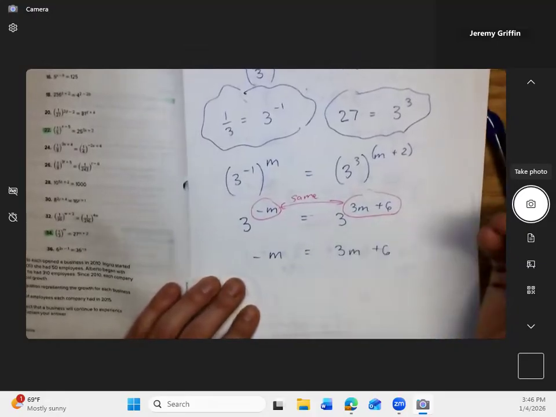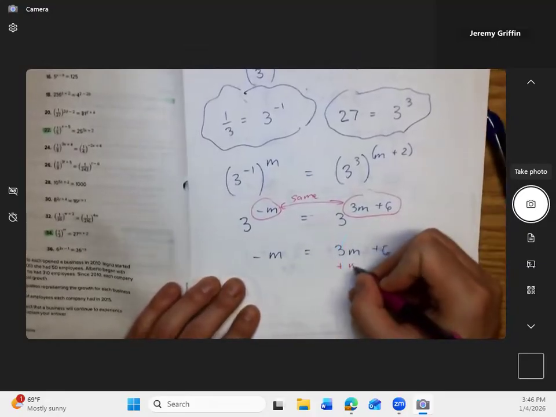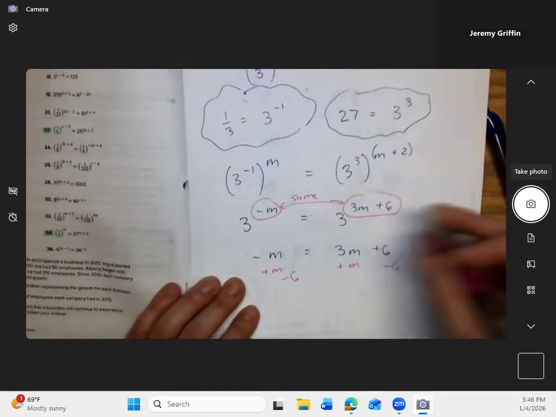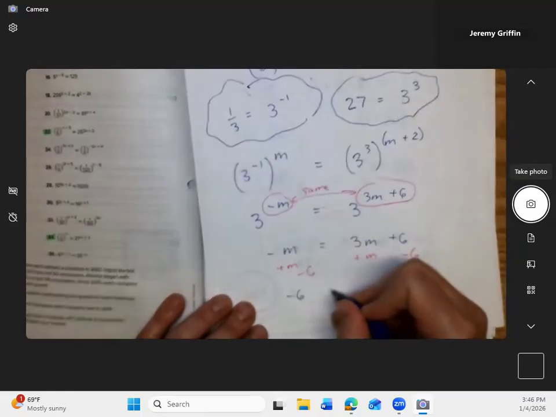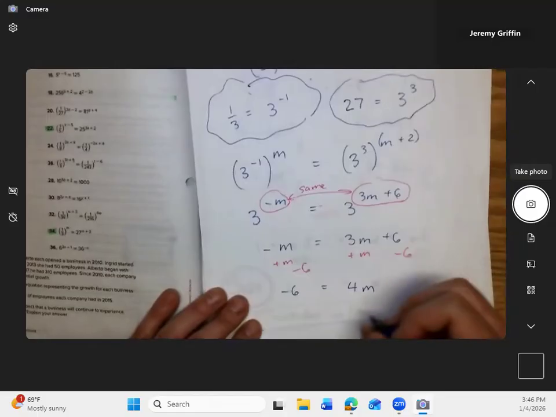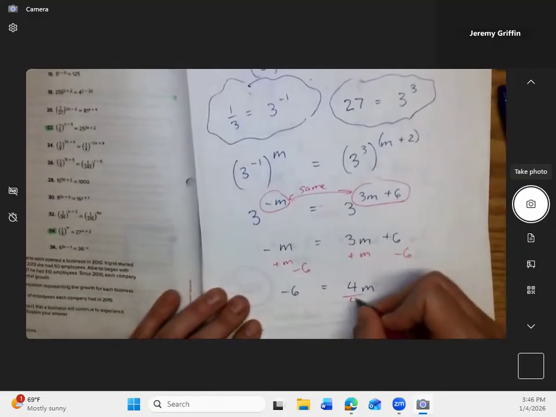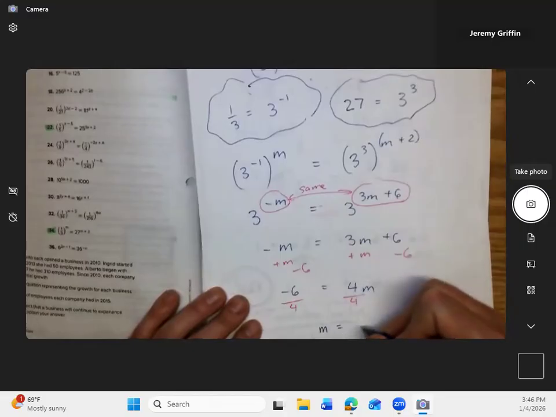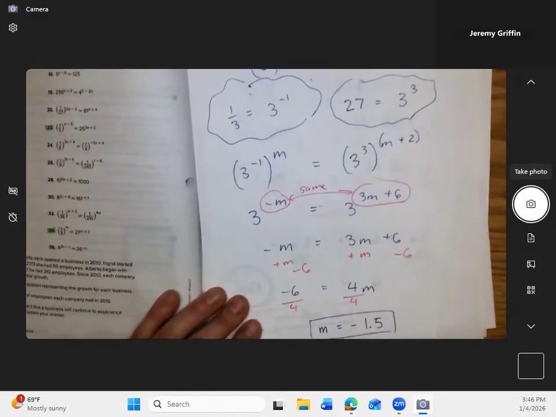Let's do plus m on both sides and minus 6 on both sides. That gives me negative 6 equals 4m. Divide both sides by 4, and m reduces to negative 1.5, or negative 3/2. I think it's got to be that.